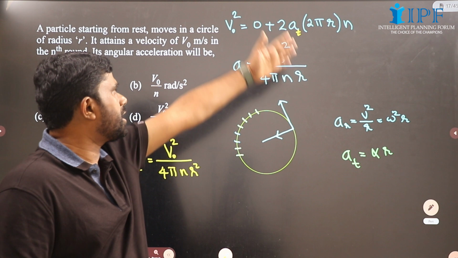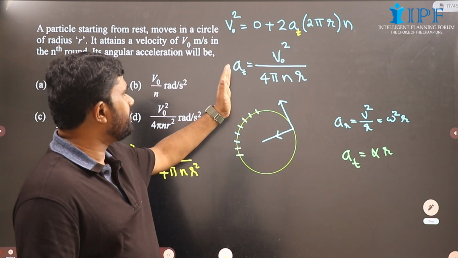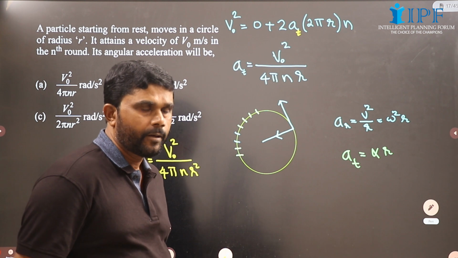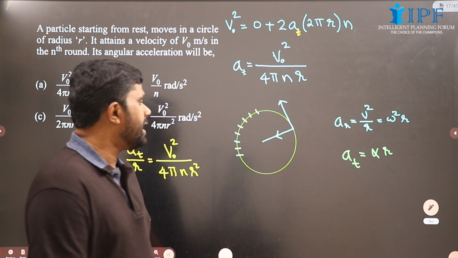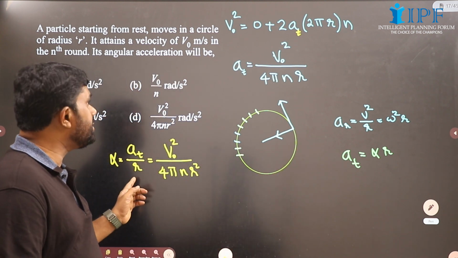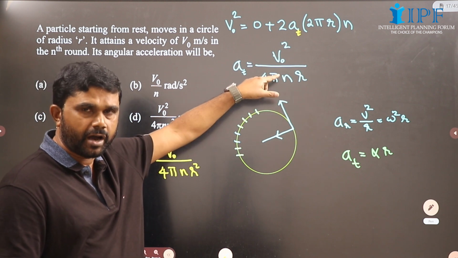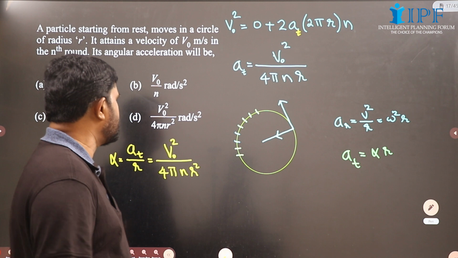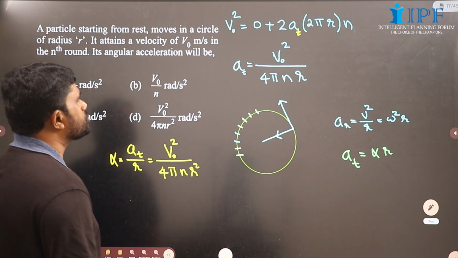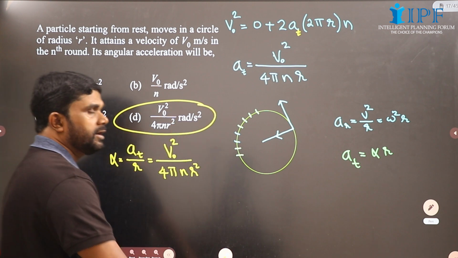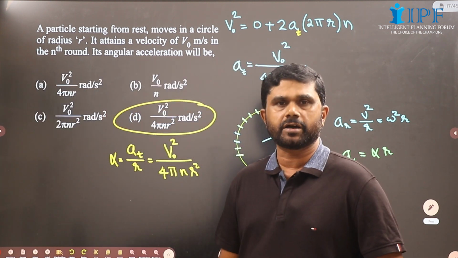So we get at equal to v0 square divided by 4 pi n r. Alpha will be at by r, so if we divide by r, we will get the angular acceleration, that is v0 square divided by 4 pi n r square.